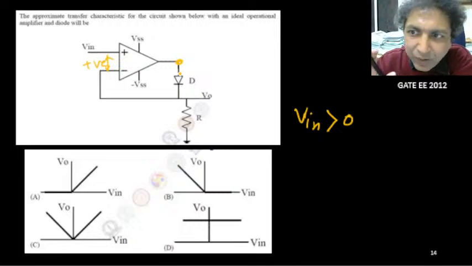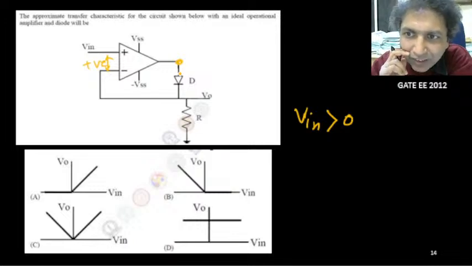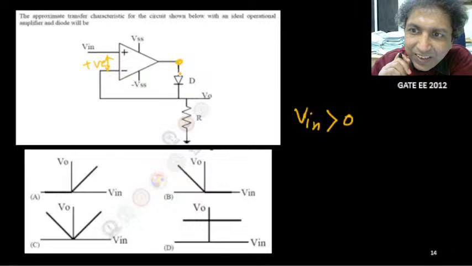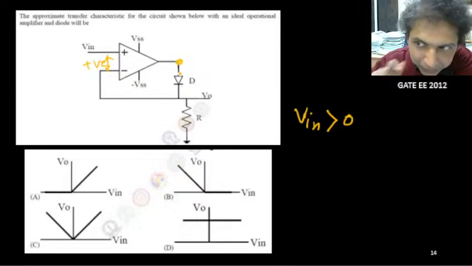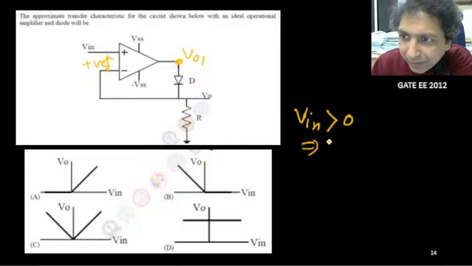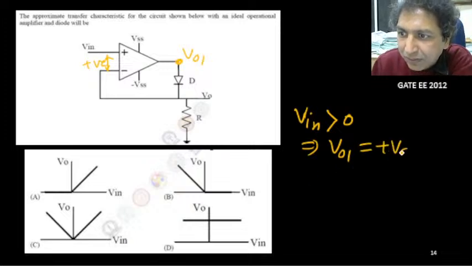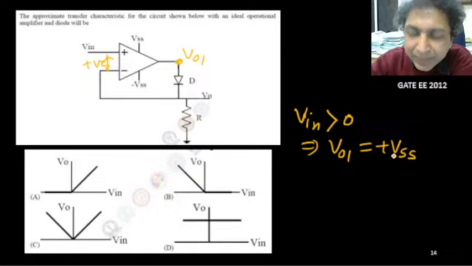Suppose initially the diode is not conducting anything. Then the potential will be plus VSS. So this op amp output, V01 I am writing, the actual op amp output is about plus VSS, and that is very high.